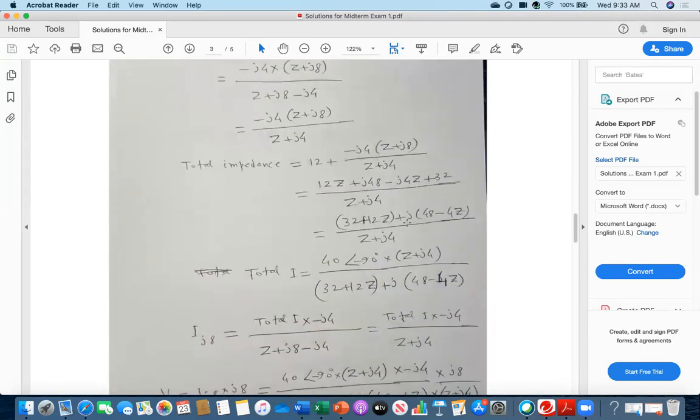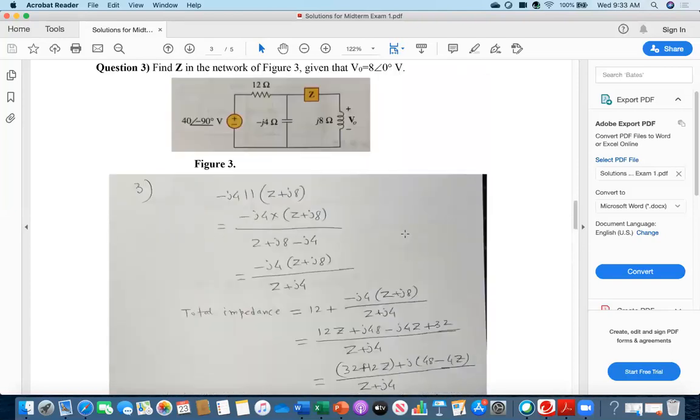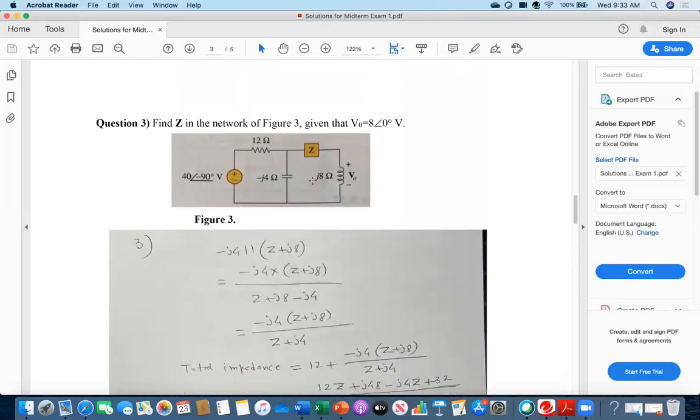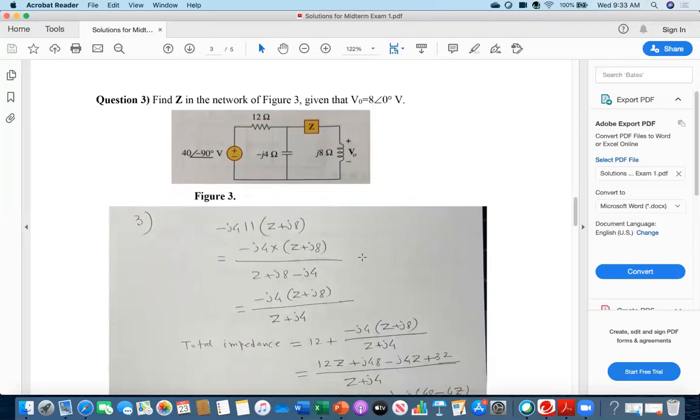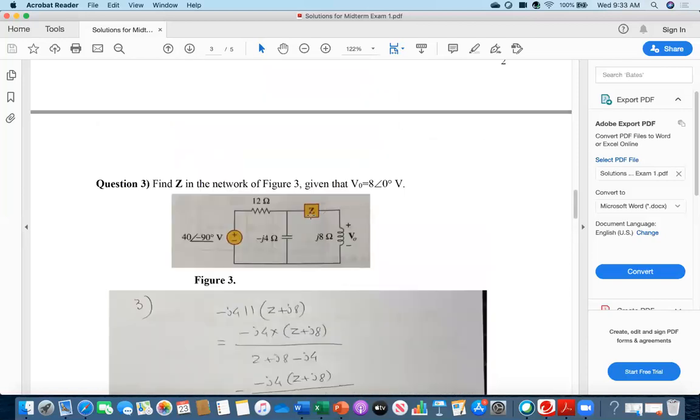So after that, what did you do? After that, I calculated the total impedance, and then I calculated the volt or the currents, and after I had the current, I used that to solve for Z. Okay, so did you calculate the current flowing through G and then j8?